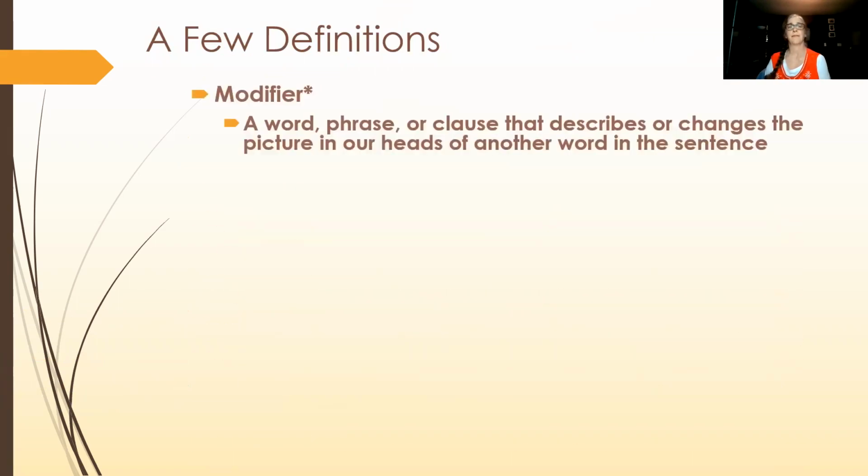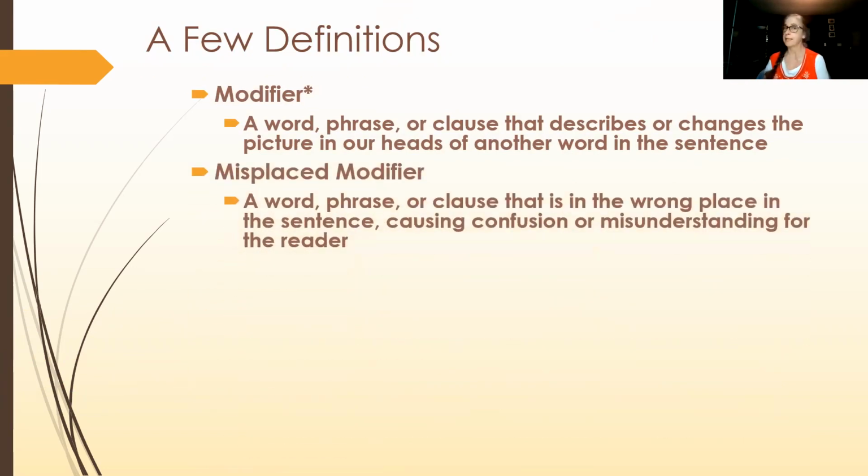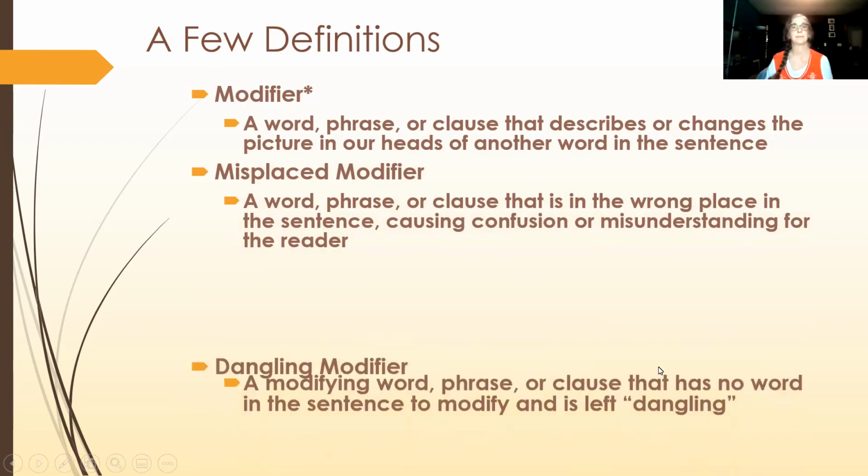So let's look at a few definitions. A modifier: a word, phrase, or clause that describes or changes our understanding, i.e. the picture in our heads, of another word in the sentence. Misplaced modifier: a word, phrase, or clause that is in the wrong place in the sentence, causing confusion or misunderstanding for the reader.